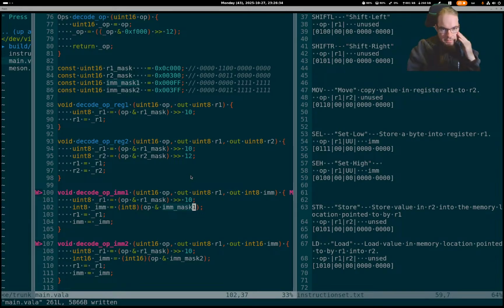Yeah, that's correct, I guess. Three C: 8 plus 4 is C, yes.